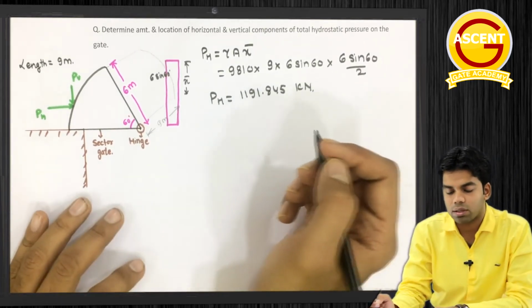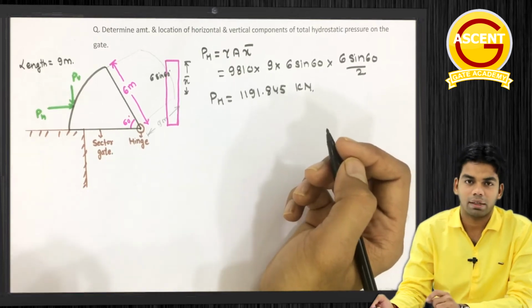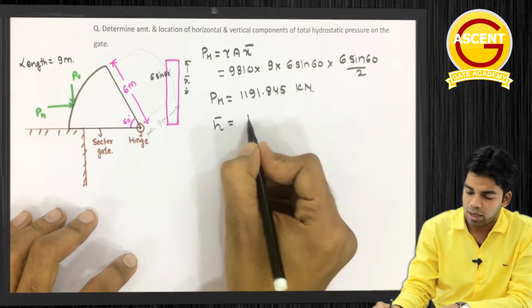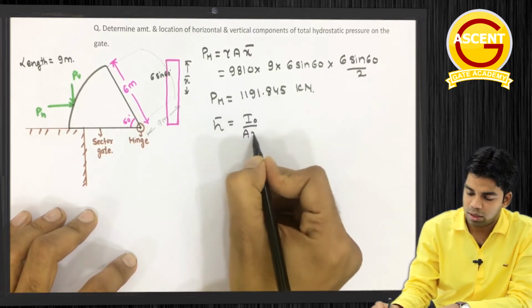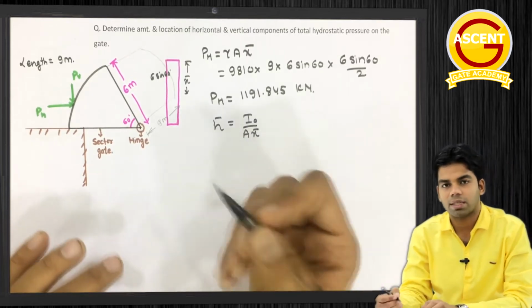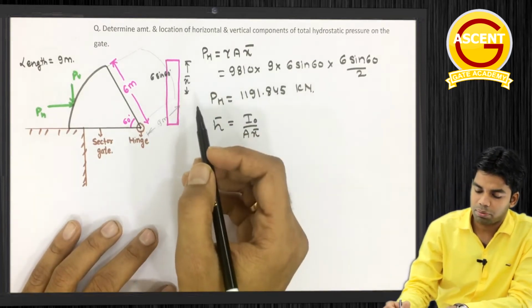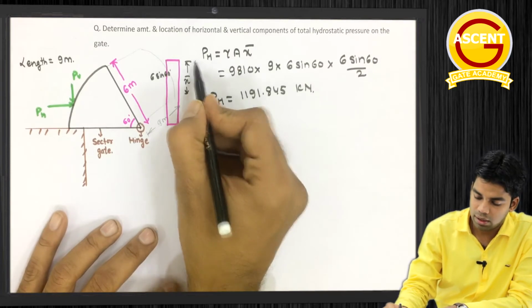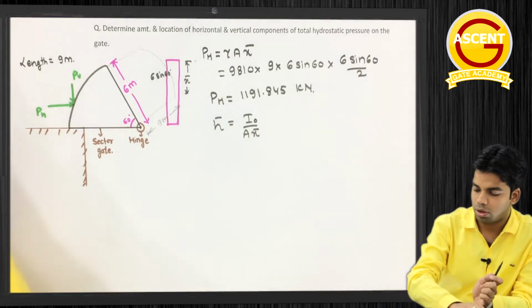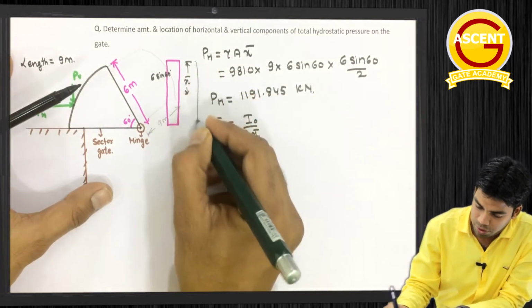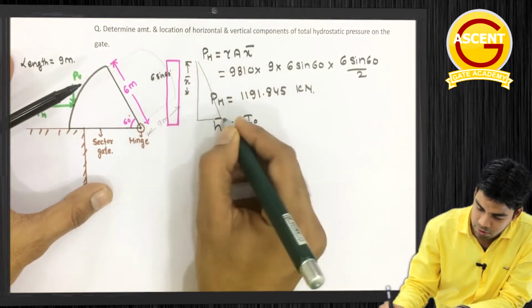It will act on the center of pressure. How can we determine the value of the center of pressure? This H bar, as I told you, is I naught by A x bar, or you can say x bar plus Ig upon A x bar. Or directly, because this is a rectangle, the pressure prism will be a triangle.